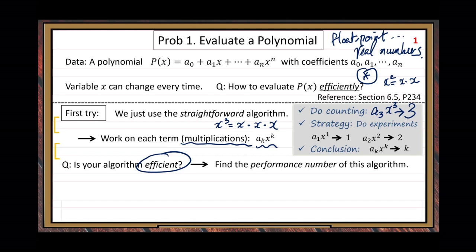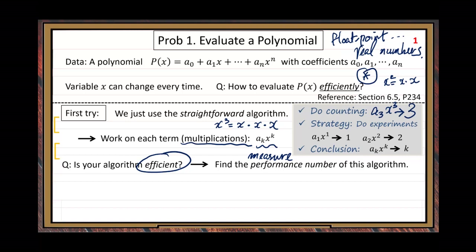So here, to tell if this algorithm is efficient or not, there is another way. People use something called the performance measure. You need to define a certain way to represent the performance measure.